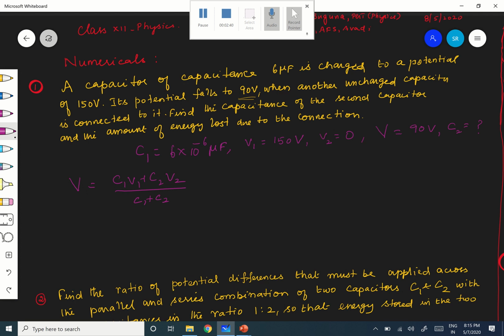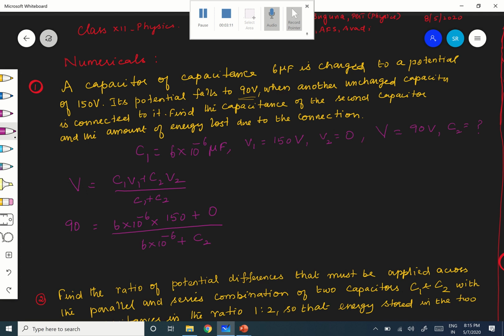Therefore V is equal to 90, that is equal to 6 into 10 power minus 6 into V1, which is 150, plus C2 V2, which is 0 now, divided by C1, which is 6 into 10 power minus 6, plus C2, which you have to find out. So cross multiply and find out C2.